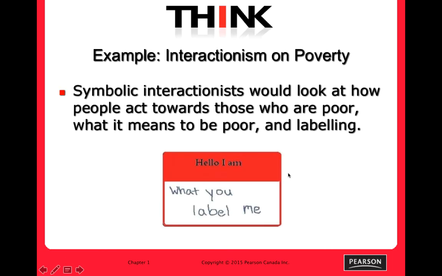So again, going back to our issue of poverty, how might a symbolic interactionist look at poverty? They would want to examine what it means to be poor. They would look at how we define poverty and what it means to be poor from the perspective of those who are labeled as poor. They ask, what labels do we assign the poor? This perspective looks at how poverty affects the way individuals act towards one another, and they ask, how do people behave towards poor individuals?